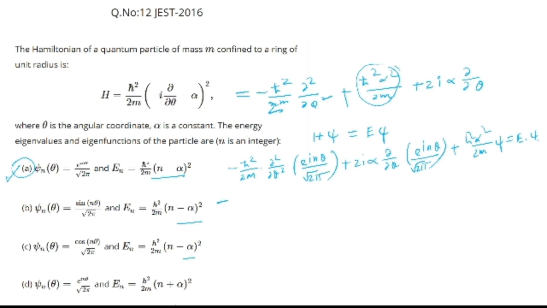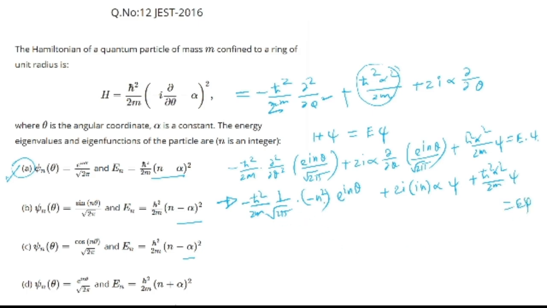Now the derivative twice: minus h cross squared divided by twice m, 1 divided by root 2 pi. The first derivative gives i n e to the power i n theta, the second again gives i n, so ultimately it gives minus n squared e to the power i n theta. Here it gives i n, so 2i into i n alpha psi, then h cross squared alpha squared divided by twice m psi, then E psi.